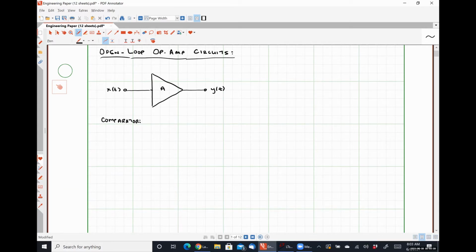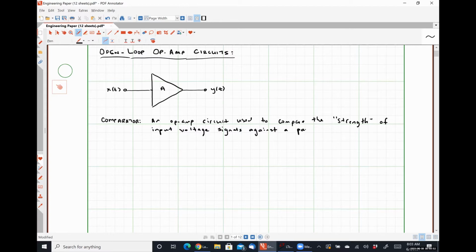A comparator is simply an op-amp circuit used to compare the strength of input voltage signals against a particular reference voltage.